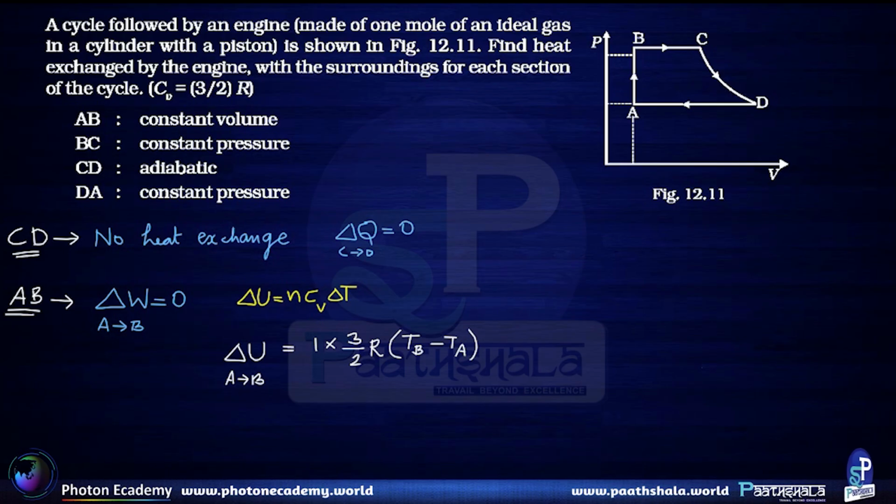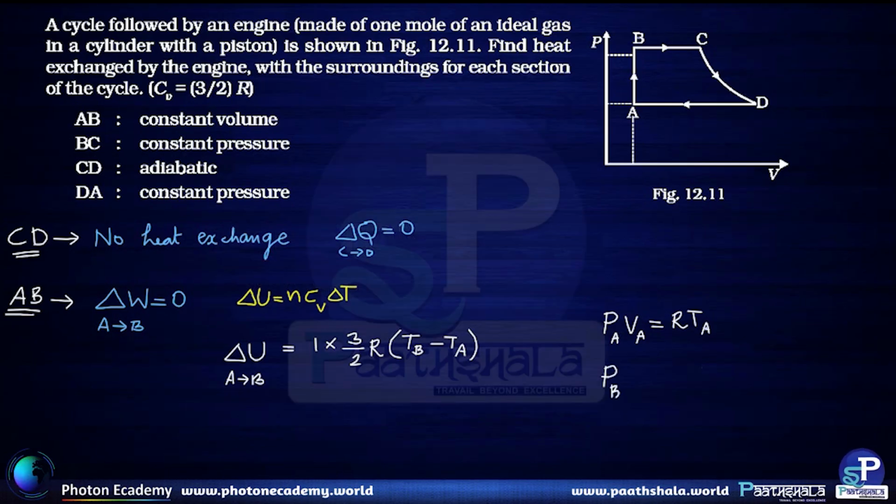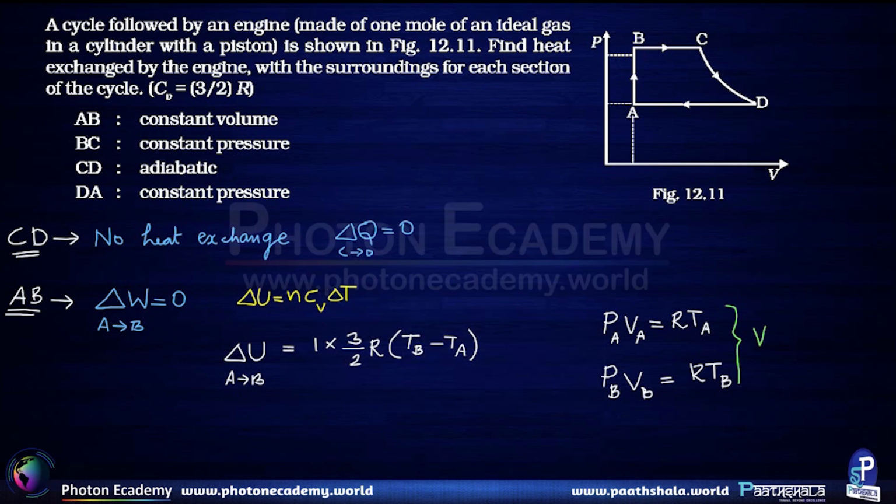From the ideal gas equation, we can write PA VA is equal to R TA, as the number of moles is equal to 1, and at state B, PB VB is equal to R TB. And both the volumes VA and VB are equal since the path is isochoric.